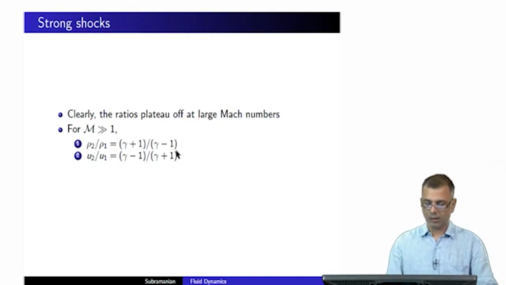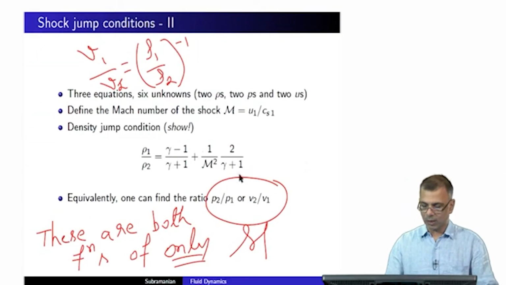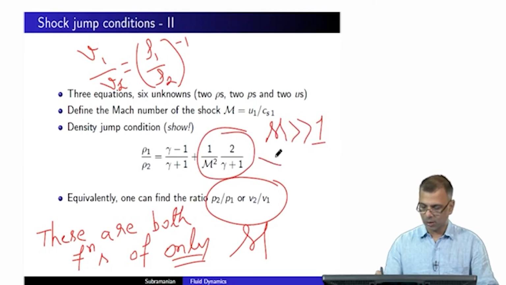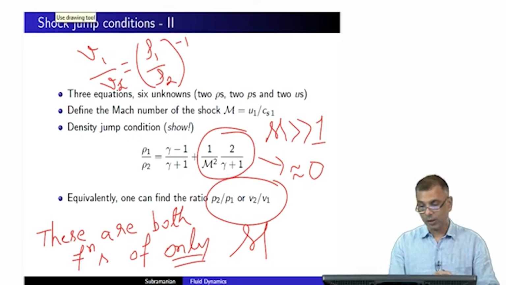The reason, just to show you once again, is simply because of the way this term appears when the Mach number is much larger than 1, this term is approximately equal to 0. For the time being I will just erase this, it is not so important. If I can find the eraser.